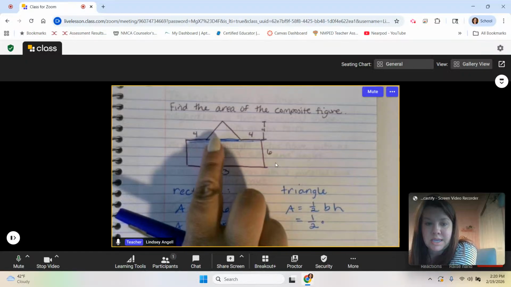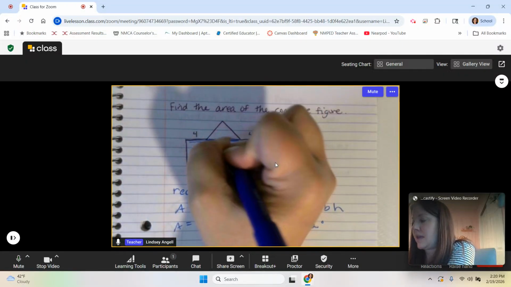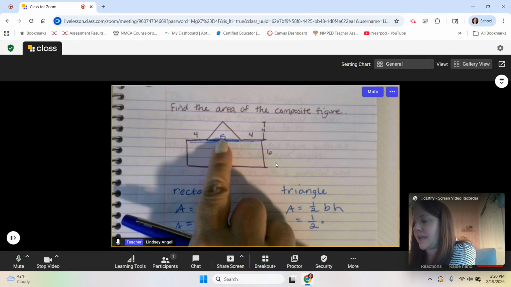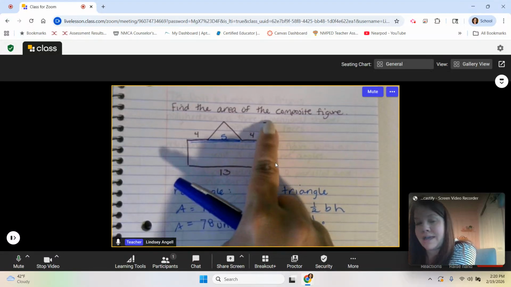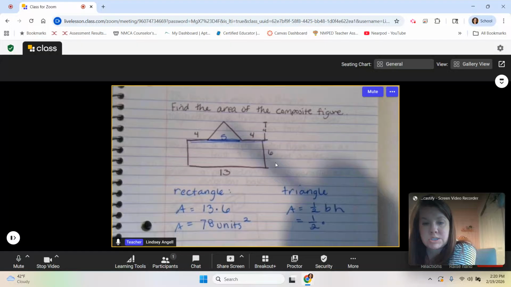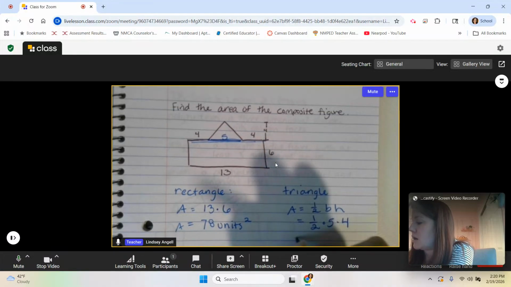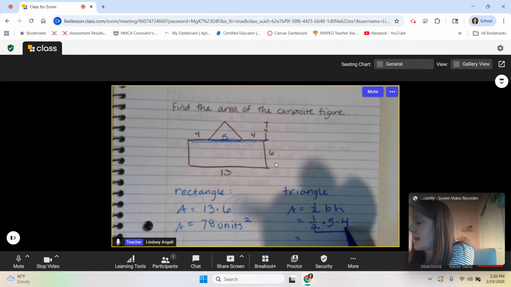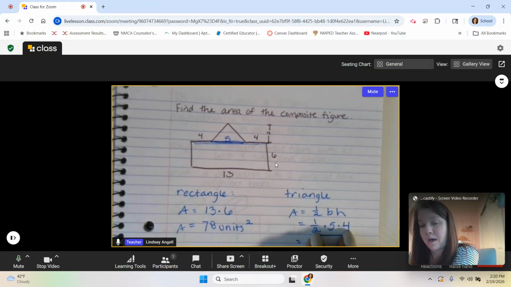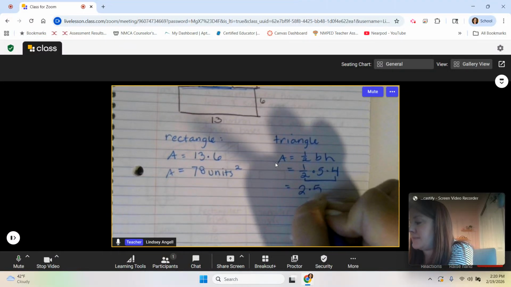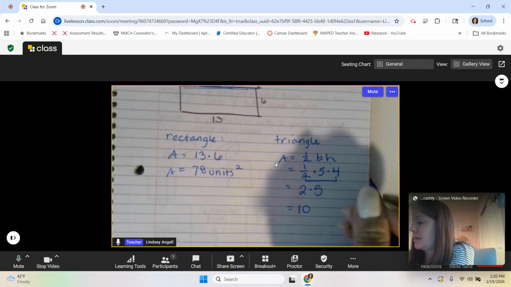So 13 minus 8 is 5. So the base of that triangle is a length of 5, and its height is 4. I can do 1/2 times 4. I can think of it as half of 4, which is 2. So we would have 2 times 5, which is 10.